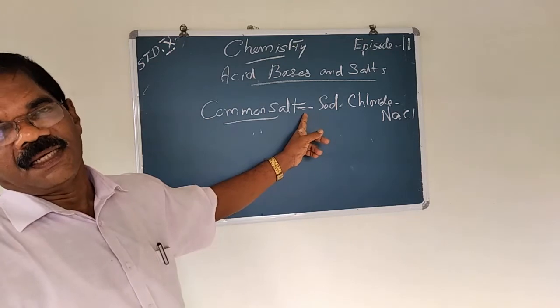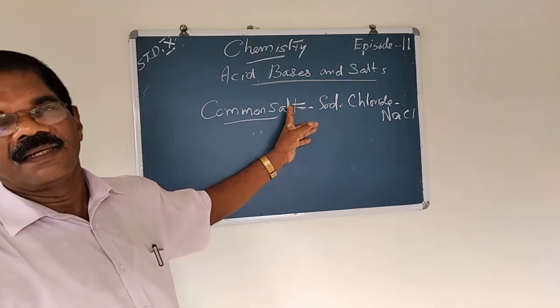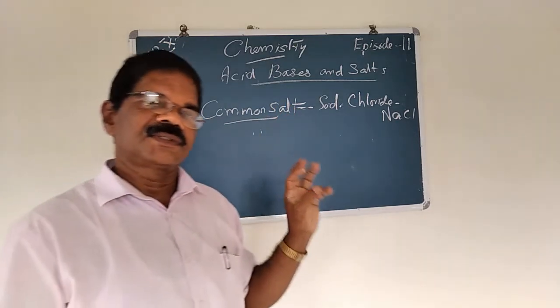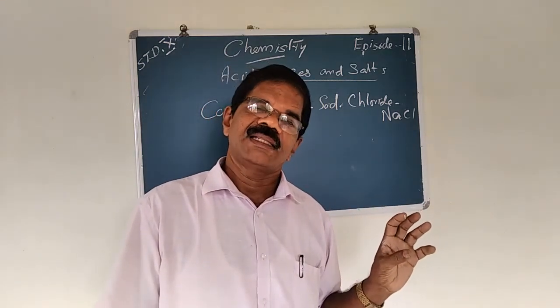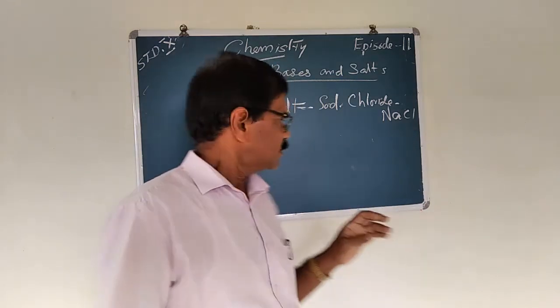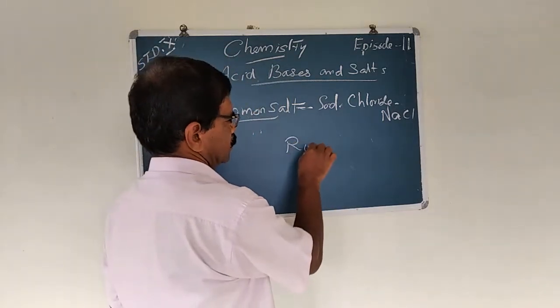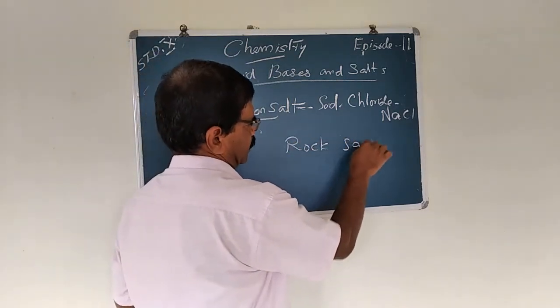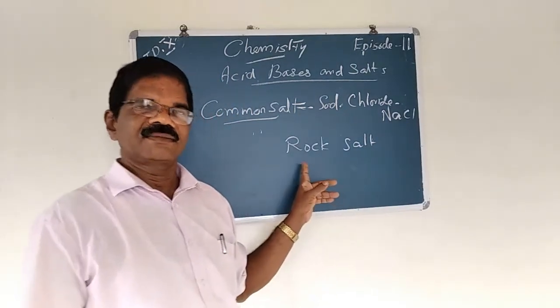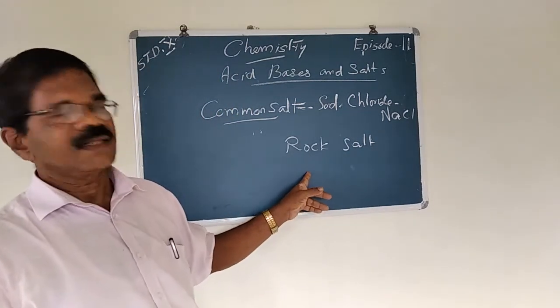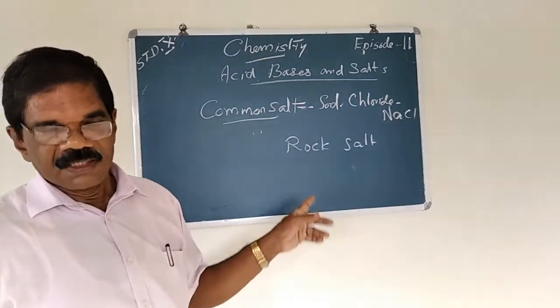Similarly, it is found in the solid state, as solid salt, in different parts of the world. In this form, it is called rock salt. In Malayalam, it is called Uppupara.